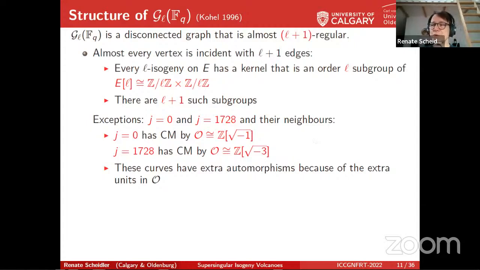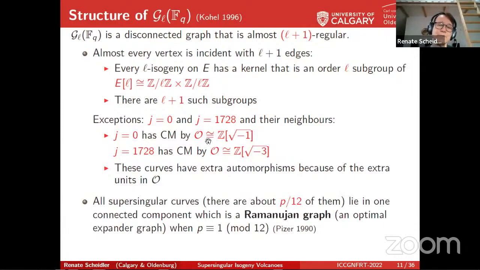And this means the elliptic curves have extra automorphisms. And of course, you can compose these isogenies with automorphisms and get different isogenies, but it's still a degree L isogeny. So there are some extra weird edges in the graph at that point. So that's why the L plus 1 regularity doesn't hold across, but almost everywhere else it holds.